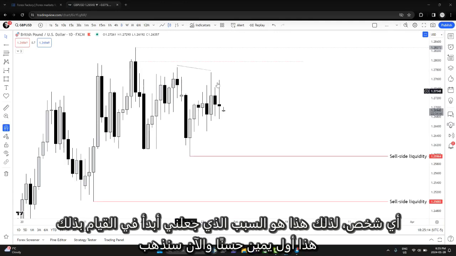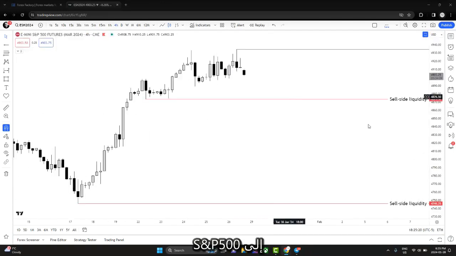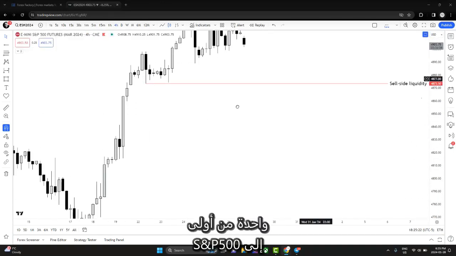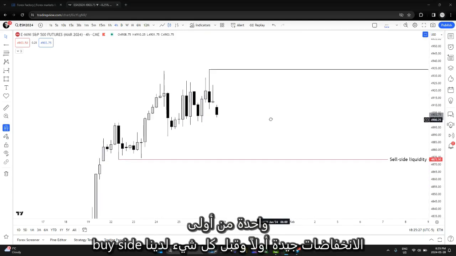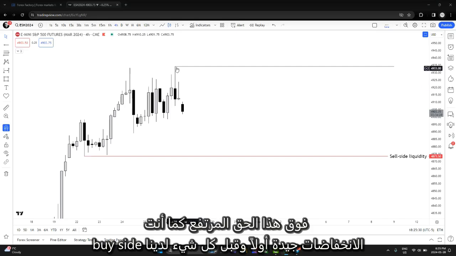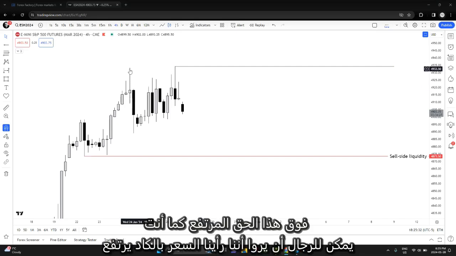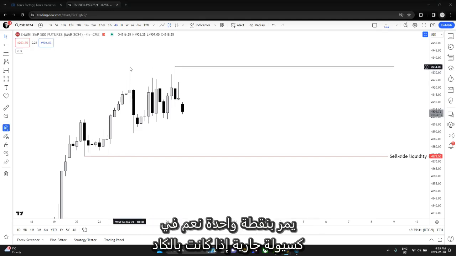Okay, and now we'll go to the S&P 500, one of my first loves. First of all, we have buy side liquidity above this high. As you guys can see, we saw price barely push above this high. I don't even count this as a run on liquidity if it just barely goes over by like 1 point.